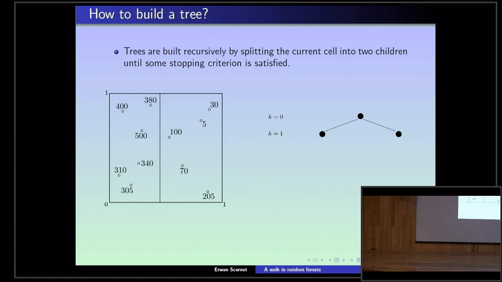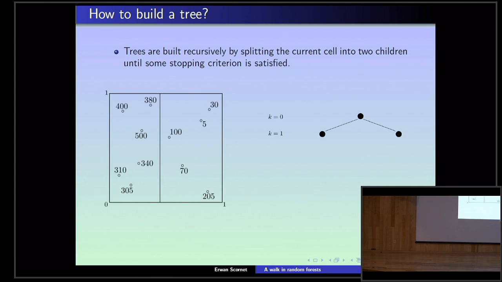If you want the exact criterion which is used, you compute the variance in terms of y in the left cell and the variance in the right cell, and you compute the weighted average of the variances. That is, you take the empirical probability of falling into the left cell, which is the fraction of points that fall into the left cell, times the variance in the left cell, plus the probability of falling into the right cell times the variance in the right cell.